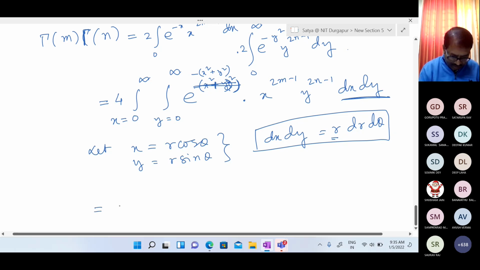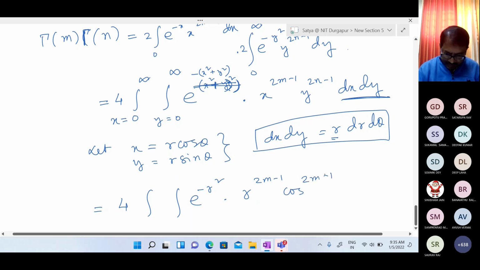So we are taking here 4, limit I am putting later on, just wait. e to the power minus x square plus y square means minus r square, and now x means r to the power 2m minus 1 cos to the power 2m minus 1 theta, and y means r to the power 2n minus 1 sine to the power 2n minus 1 theta, and dx dy means r dr d theta.